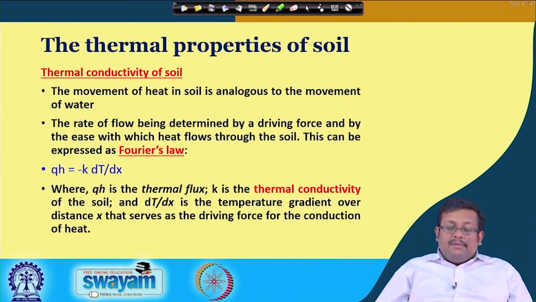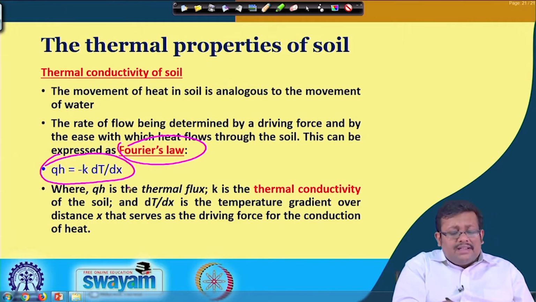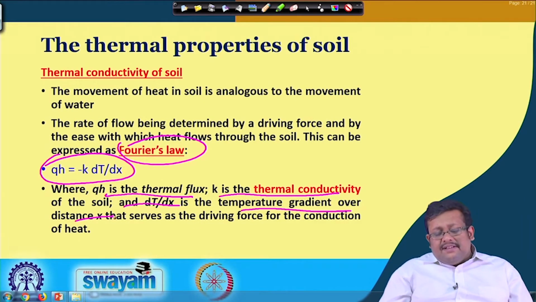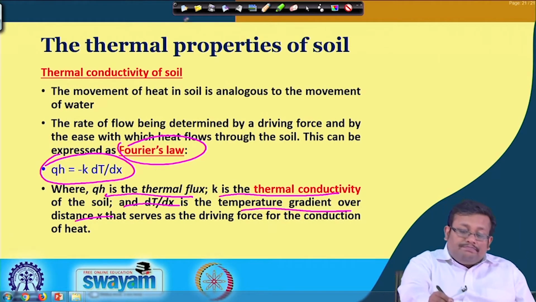Remember this is called Fourier's law. The form of Fourier's law is QH equal to minus K into dT over dx, where QH is the thermal flux, K is the thermal conductivity of the soil, and dT over dx is the temperature gradient over distance x that serves as the driving force for the conduction of heat. So, this K is called the thermal conductivity.